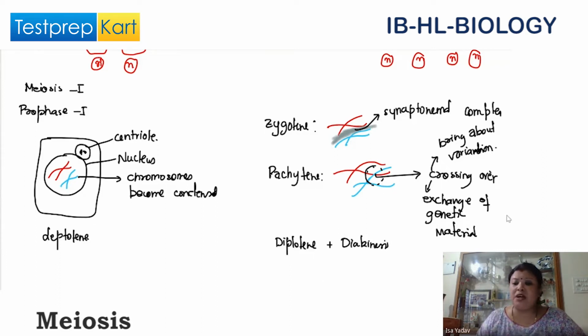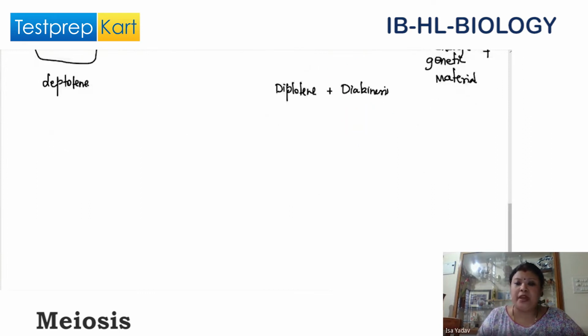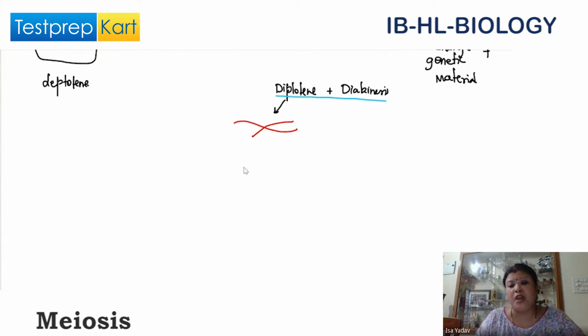By the time the chromosomes reach diplotene, the crossing over will be completed, in diplotene and diakinesis both. You can see that the colors have exchanged, indicating that the crossing over has completed.